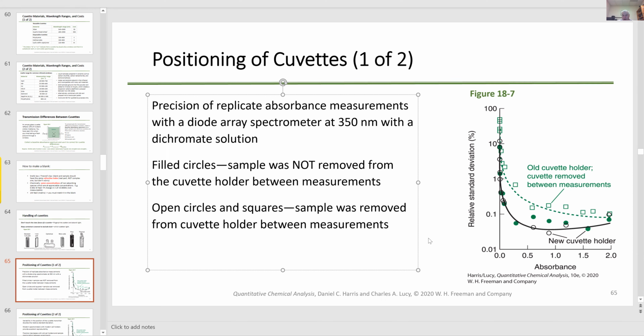So if you were to continue this out to higher absorbance, what would happen? If you went beyond absorbance of 2, what would happen to the relative standard deviation in the absorbance value that you measured?